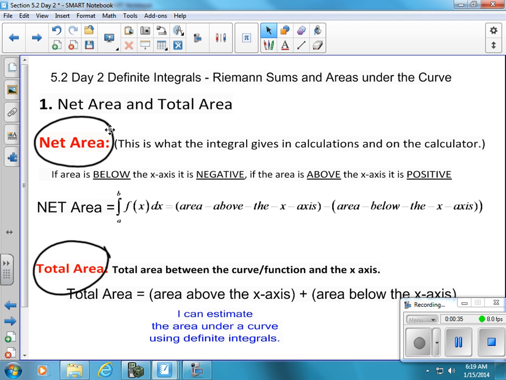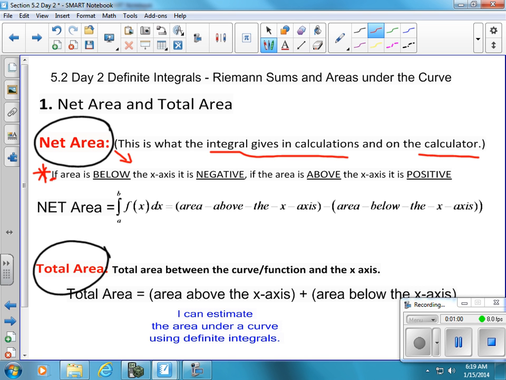But net area is what the integral gives in calculations, and when you use the calculator to find integrals, you get net area. If the area is below the x-axis, then it is negative. If it's above the x-axis, it's positive. All right, so that's what net area is.